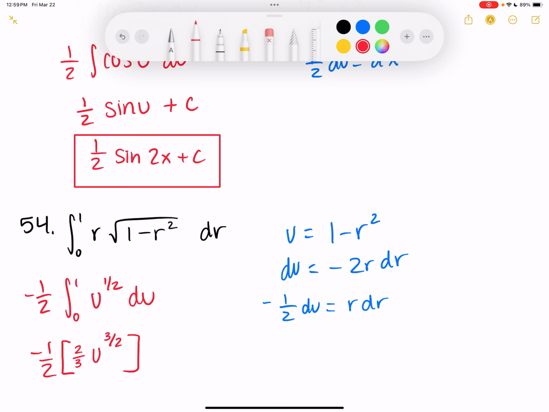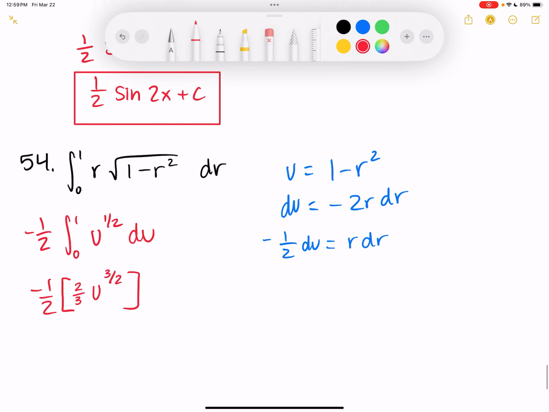And because it's definite, I don't need the plus c part. So then I can also take this 2/3 out. So those 2's cancel. So I'm going to have negative 1/3, and then 1 minus r squared raised to the 3/2, and then this is evaluated from 0 to 1. So I'm just going to put the negative 1/3 out front.